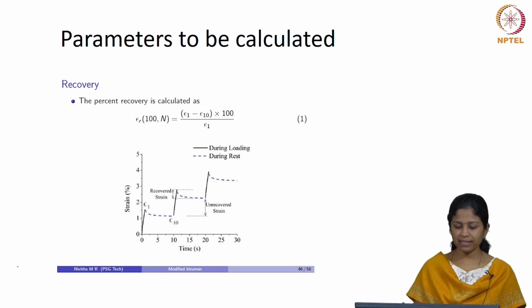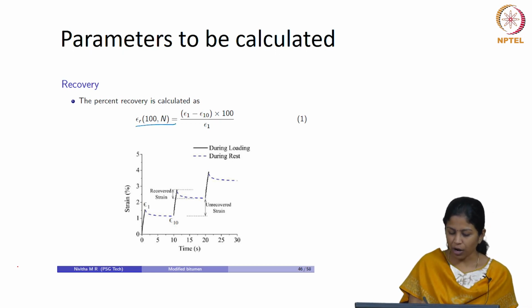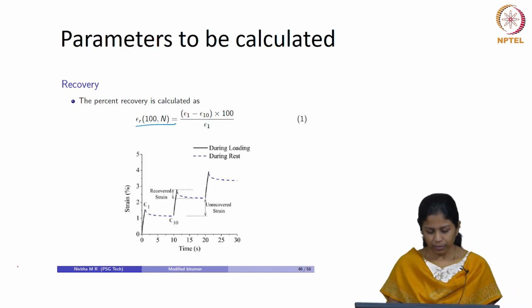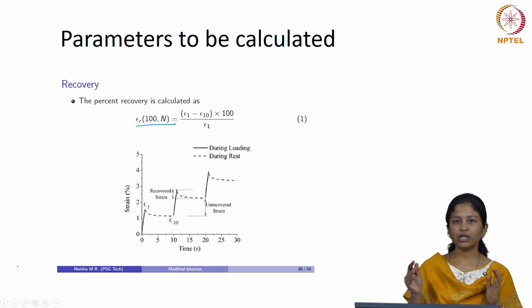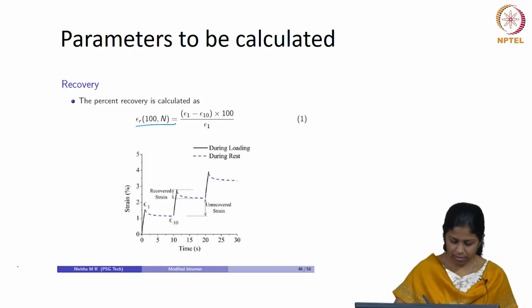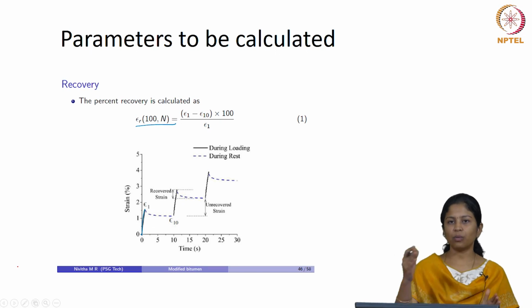So, the percentage recovery epsilon r is calculated as epsilon 1 minus epsilon 10 by epsilon 1. So, what are these variables epsilon 1 and epsilon 10? So, epsilon 1 is the total creep strain, that is from my 0th time to the end of 1 second. So, when I start the test, when 1 second of loading is completed, how much strain is accumulated in the material.